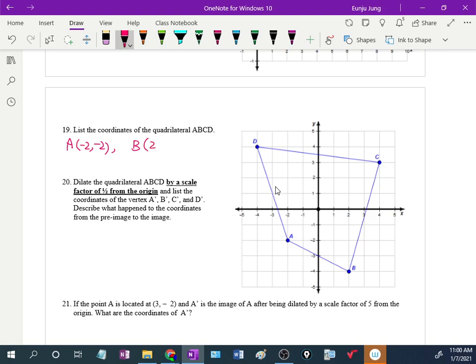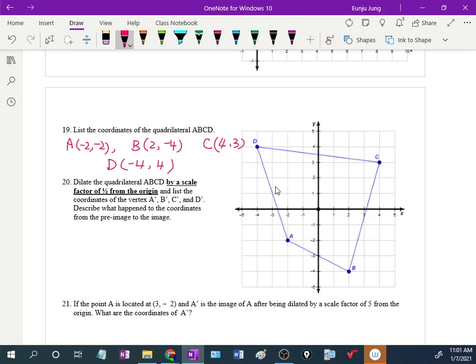So 2 comma -4, right? Next one, C, 4 and 3, and D, -4 and +4.